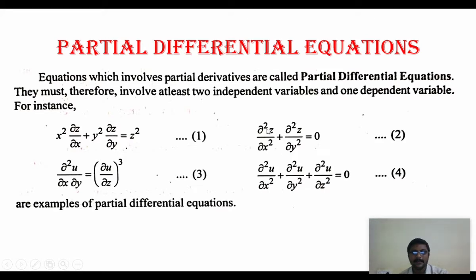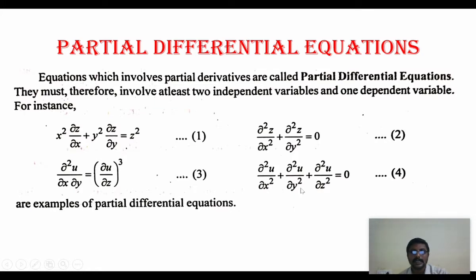Similarly, z is a dependent variable and x, y are two independent variables in equation 2. In equation 4, u is one dependent variable and there are more than two independent variables, that is x, y, z, three independent variables. So equation 4 is also a partial differential equation.